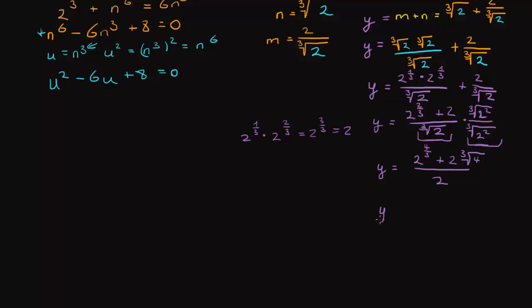That simplifies to y is equal to the third square root of 2 to the 4th, which is 16, plus 2 times the third square root of 4 over 2.